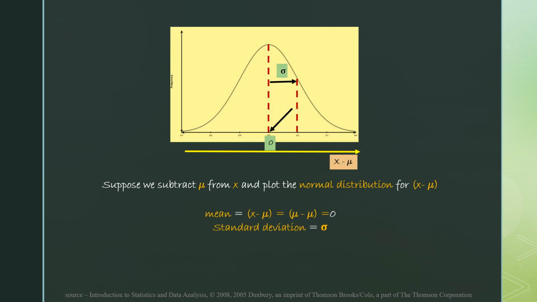Mean equals mu minus mu, which is 0, and standard deviation remains unchanged at sigma. Value a translates to a minus mu and b translates to b minus mu. Literally, the normal distribution for x minus mu shifts by mu towards 0 on the random variable axis. The distribution as such remains the same, but centered around 0 instead of mu.